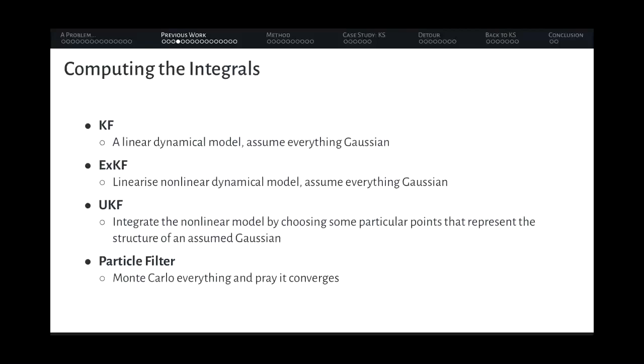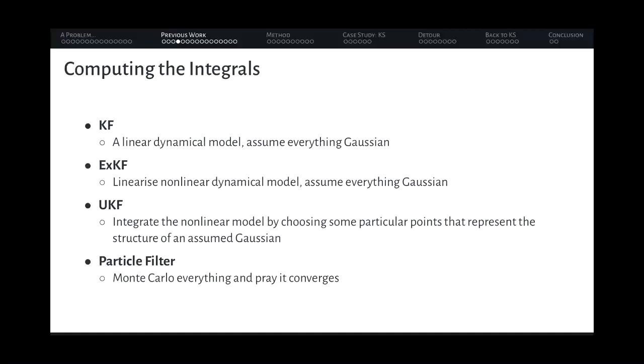So KF, the original Kalman filter: if you have a linear dynamical model and a linear observational model, you assume everything's Gaussian, and instead of trying to figure out a whole distribution, you're just trying to figure out the first and second moments, then things collapse and solve nicely.